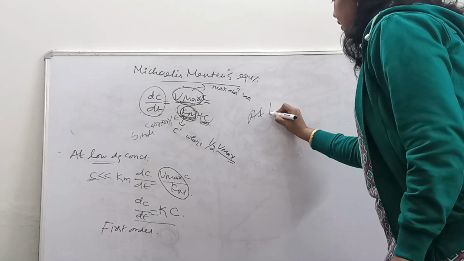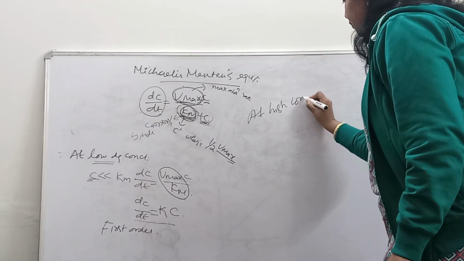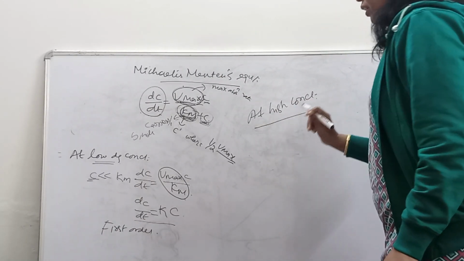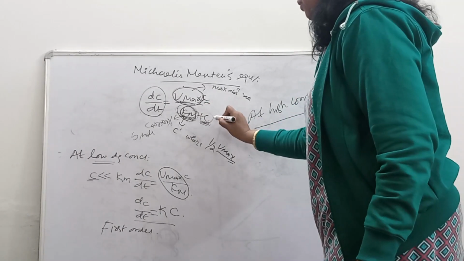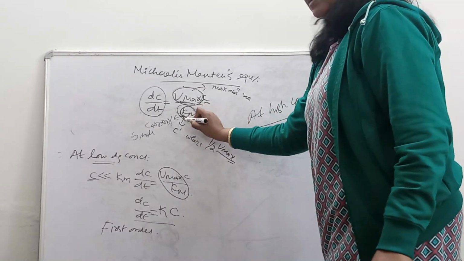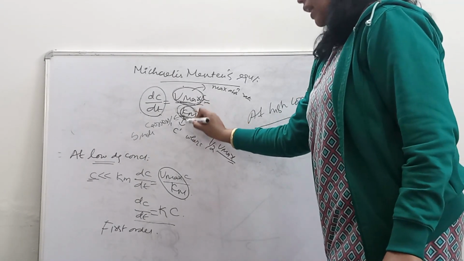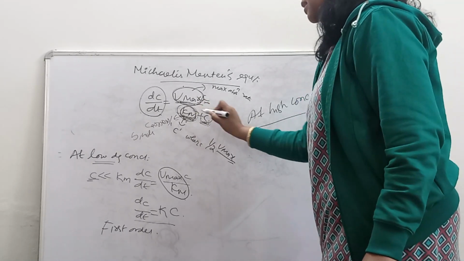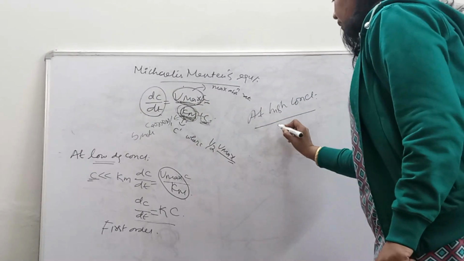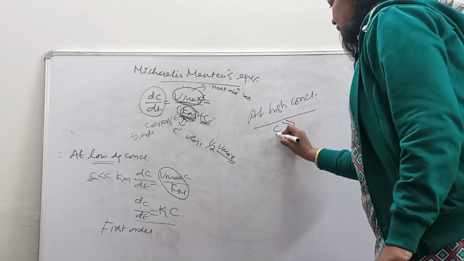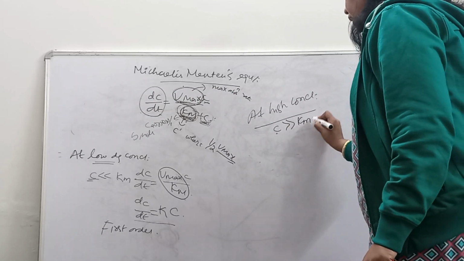Now at high concentration, as there is an increase in concentration of drug, now what happens? The concentration of drug increased than that of the concentration of carriers. Now Km is less and C is greater. That is, at high concentration C is greater than that of Km.